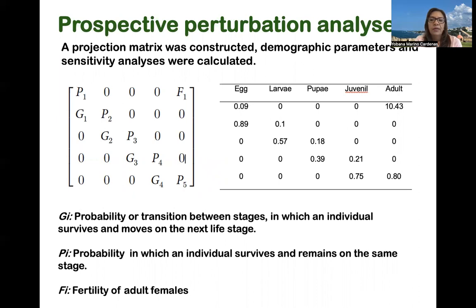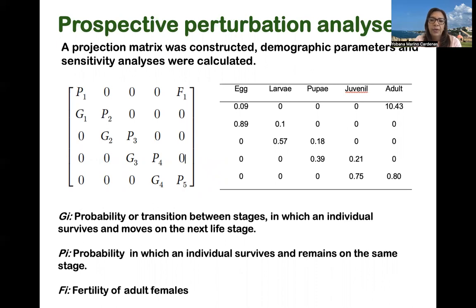For example, here we have the probability to survive as egg and move into the larvae. This was 0.89, which means that 90% of the eggs survive and move into the larvae. And here we have the probability to survive as larvae and move into the pupae.